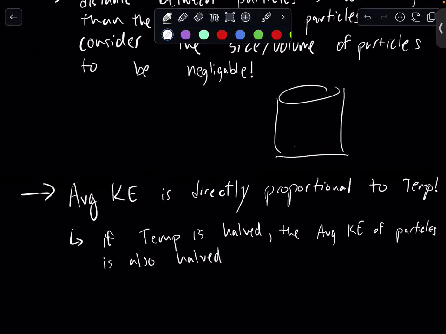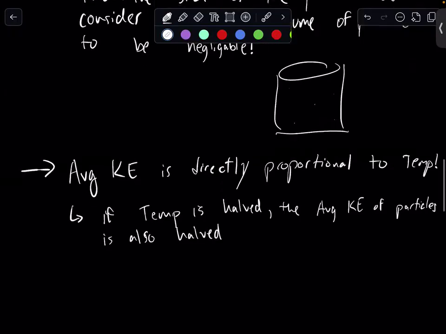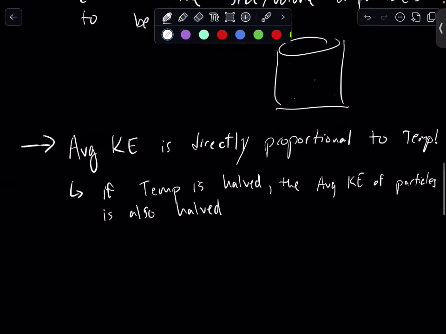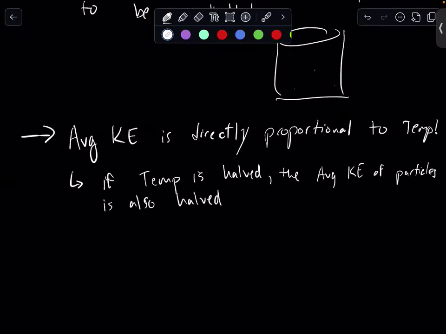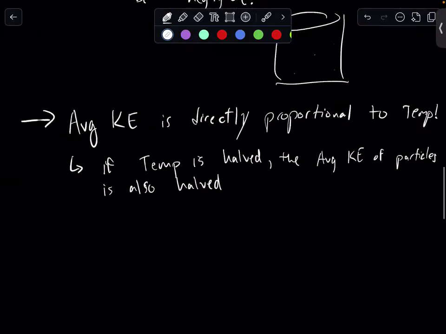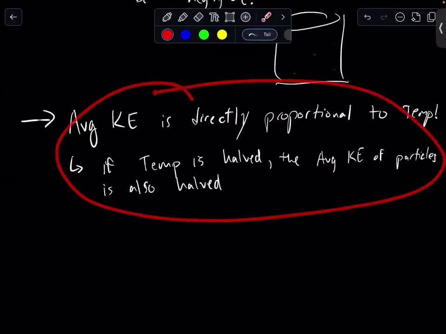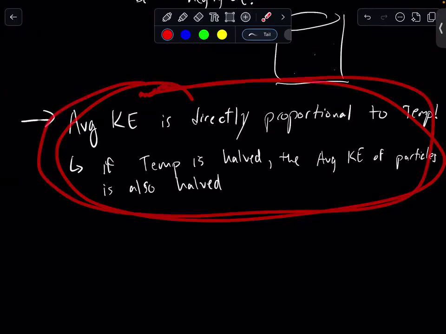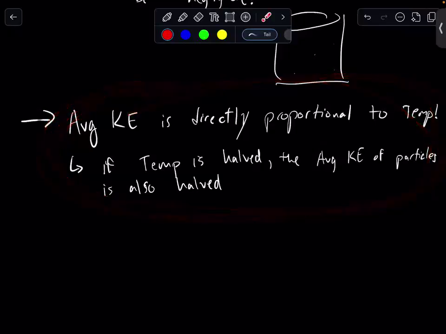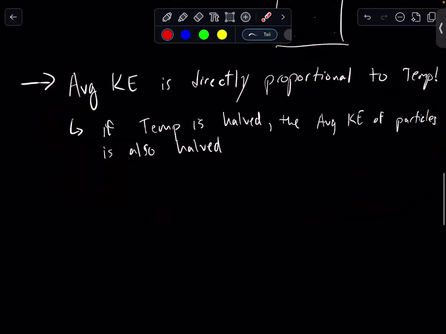We discussed this a little bit earlier in lesson 5, I think. But basically, we're saying that temperature and kinetic energy are directly proportional. I have seen this as a question exactly as it is on a DP exam, where they said the temperature of a container of gas decreased by 1/2. What happens to the average kinetic energy of that gas? And the answer was it is halved. It was just 1 mark just to know that one assumption.